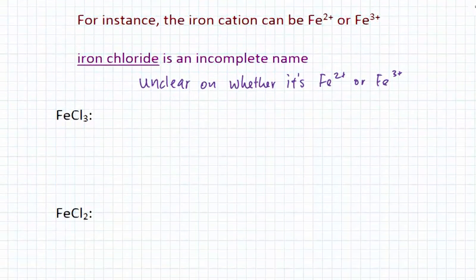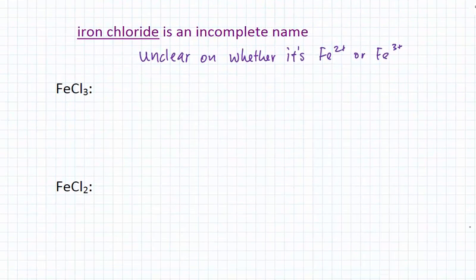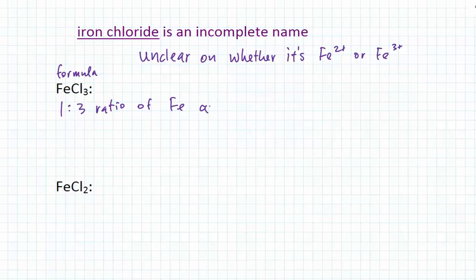Okay? However, if you're given a chemical formula, you can figure out which particular ion we're using. Look at FeCl3. This is a 1:3 ratio of iron cations to Cl. And chloride is always Cl minus. That does not change.